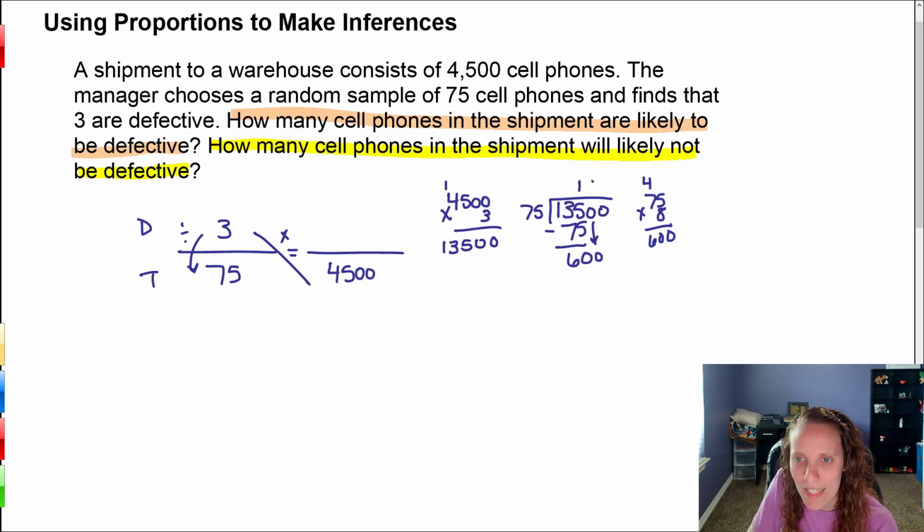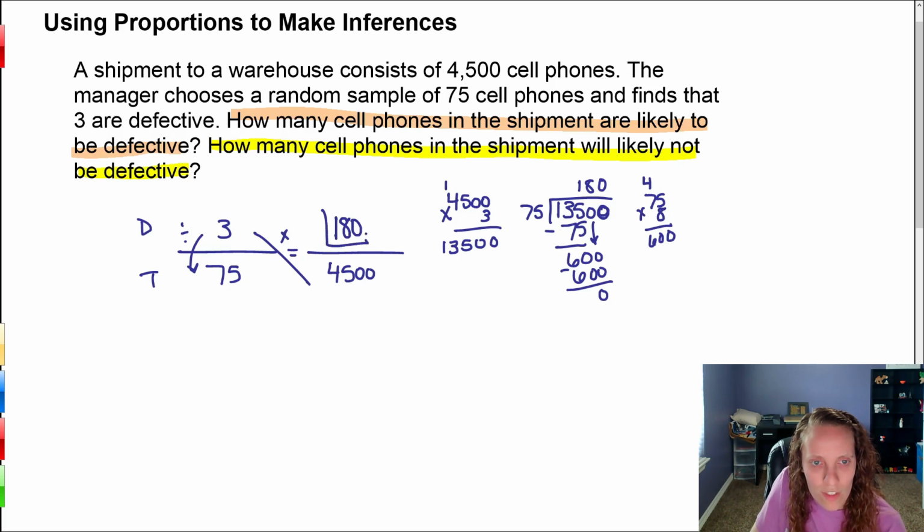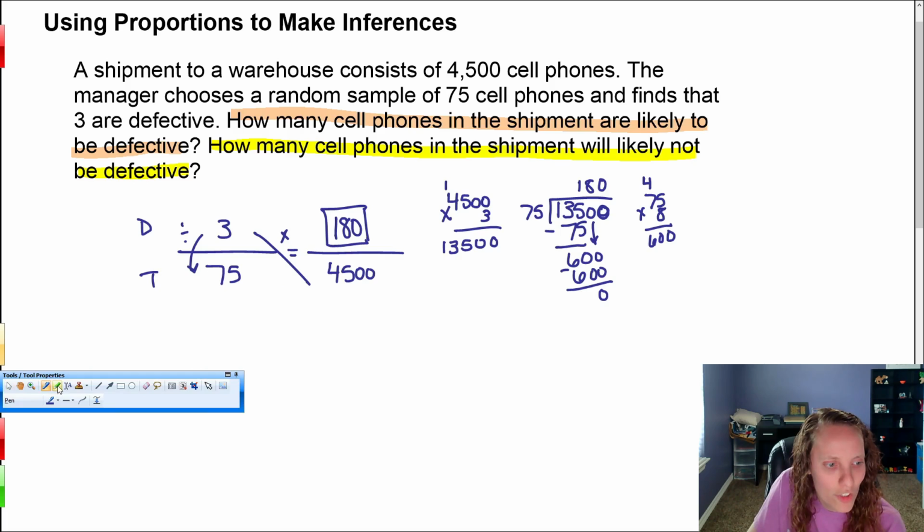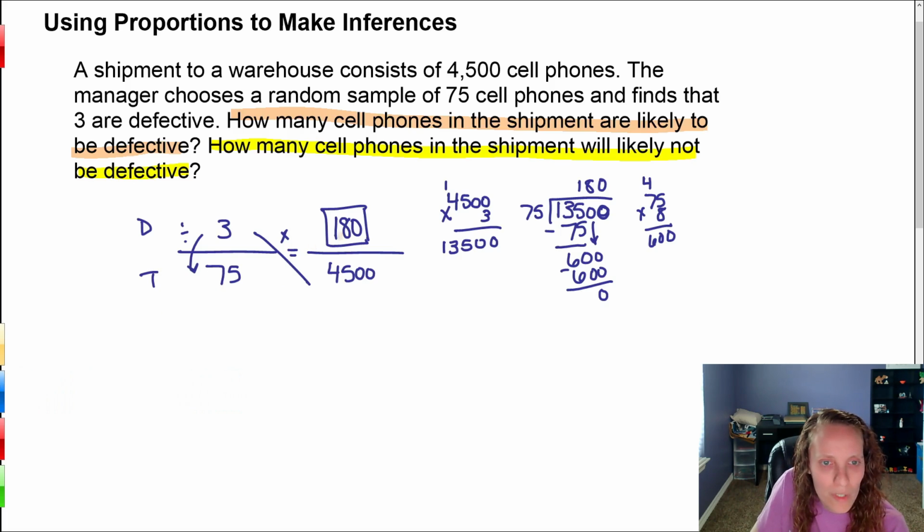So it goes in 8 times exactly. There is an extra 0 here, so let's bring this 0 up to our answer. So using their random sample, we could expect that 180 in that warehouse are going to be defective.